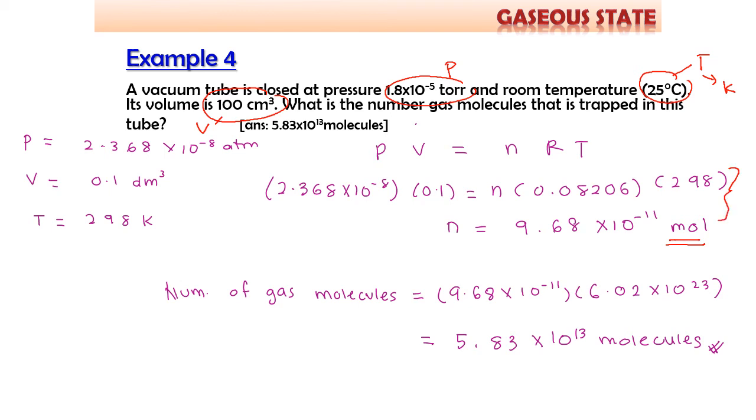Next, when you want to find the number of gas molecules, for one mole you have Avogadro's number, 6.02 exponent 23. If you have this much mole, how many molecules exist? So you have 5.83 exponent 13 molecules.